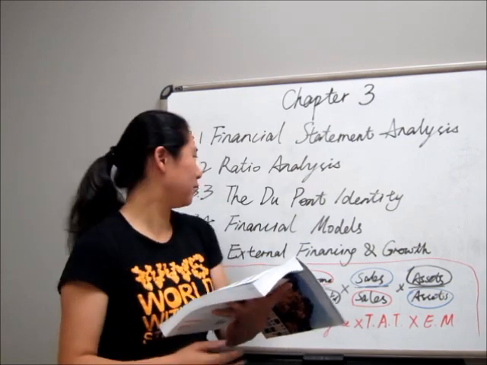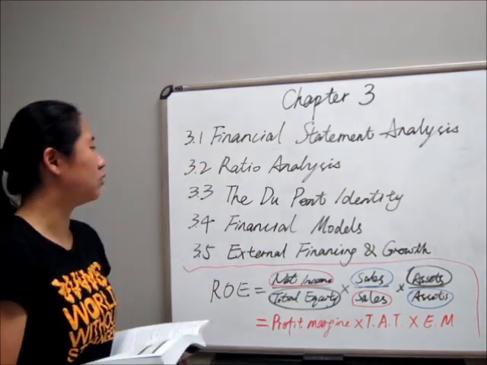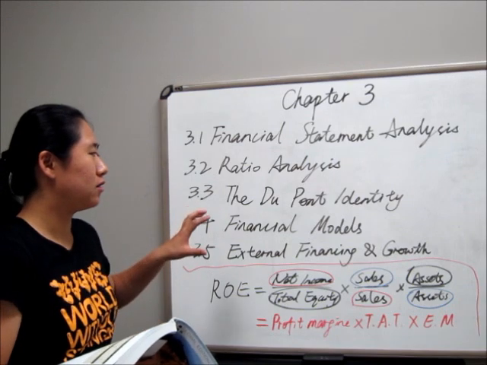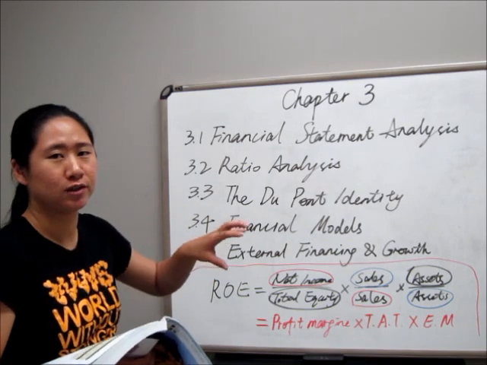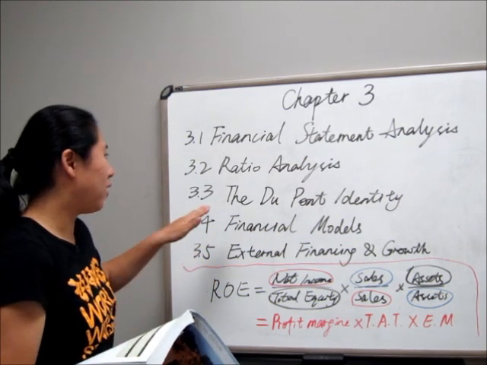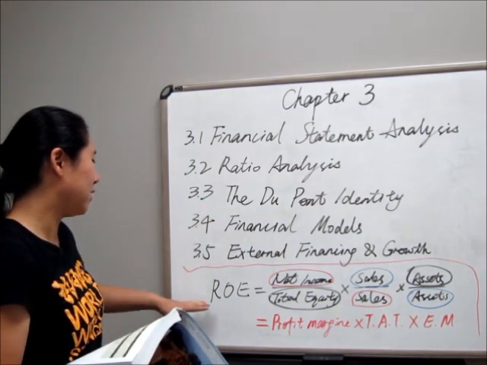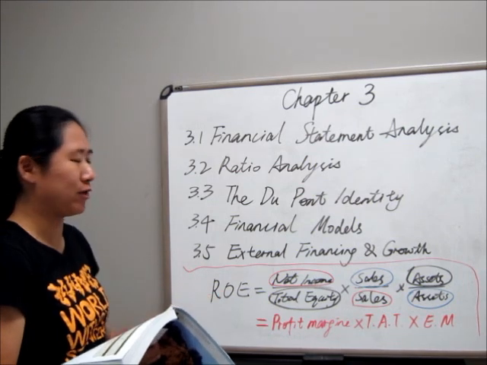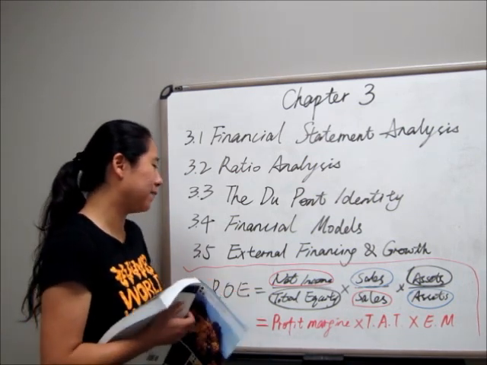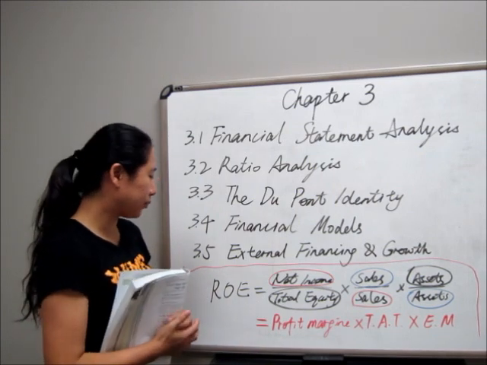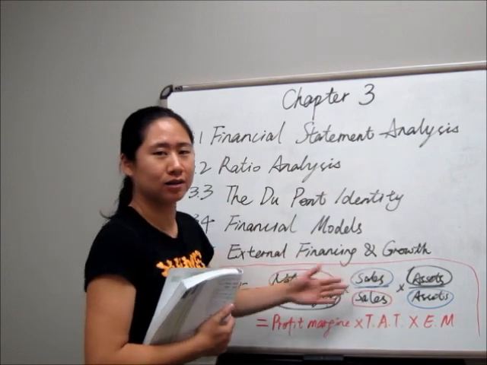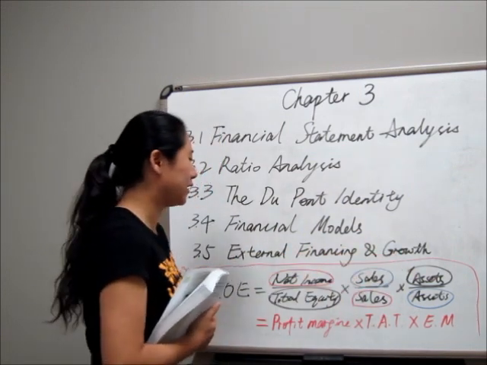And next, let's look at the third topic, the DuPont identity. The DuPont identity is about how to use these ratios, how to combine them together. And the DuPont identity especially examines the return on equity. We all know that return on equity equals net income divided by total equity. Because it is an equation, we can multiply by 1 on one side of the equation.